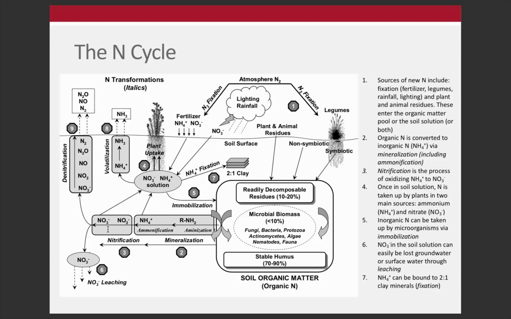There are not these nice little boxes that exist in the soil. So the soil solution, this number 4 on this diagram, is just soil water. It's soil moisture, right? It's the water that's held in macropores or around soil surfaces in micropores, or encompassing the soil minerals.